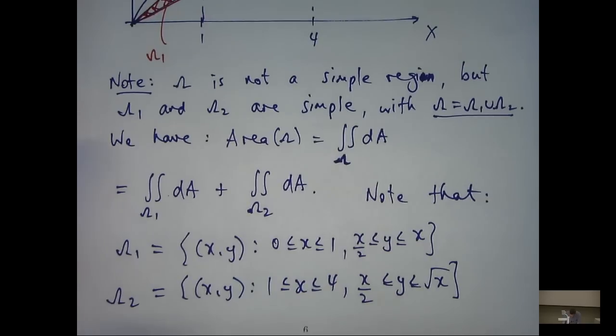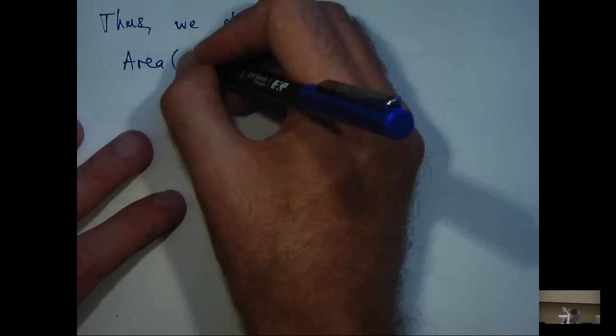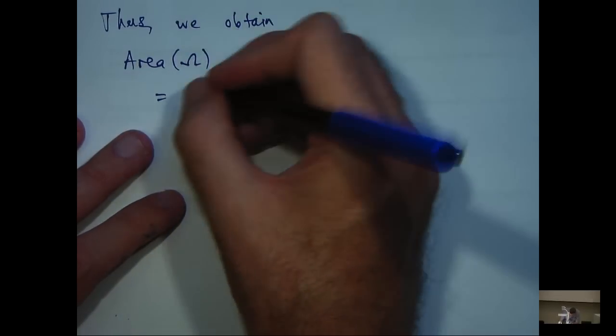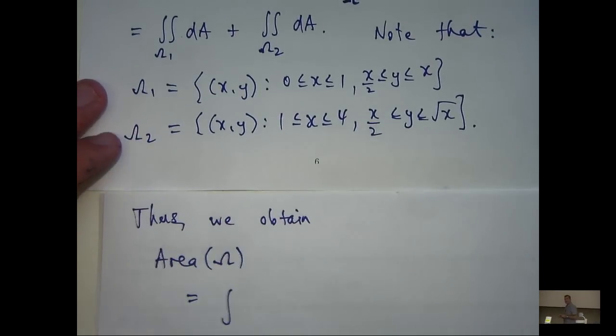So now we've got all we need to set up and evaluate these two integrals. So let's do that. Thus, we obtain the following. The area of omega. Okay, so now I'm just setting up my two integrals.